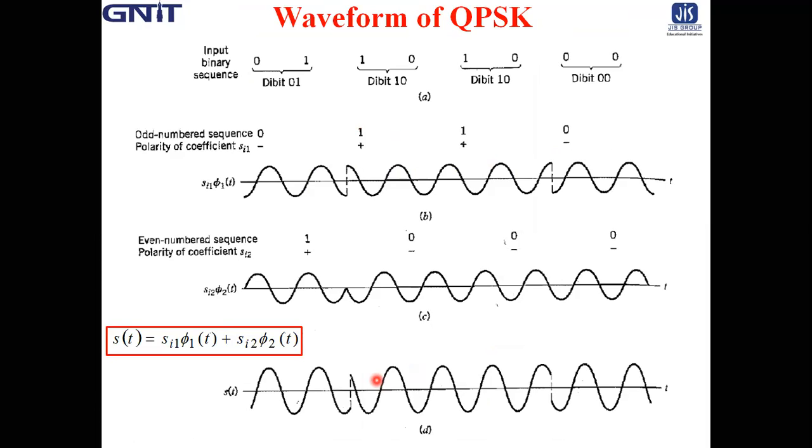Now draw a QPSK time domain waveform. Suppose the input binary sequence is 0 1 1 0 1 0 0 0. Now you have to draw its corresponding QPSK modulated signal.